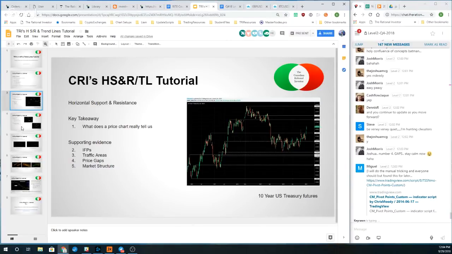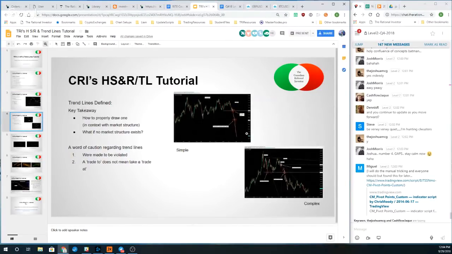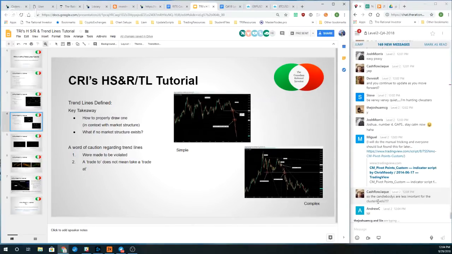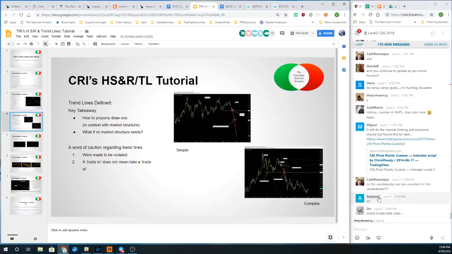Okay, next topic. Trend lines. I'm going to say that for the purposes of this study, Cash Flow Jacques, we are going to concentrate on the actual pivots themselves. So that means the highest high and the lowest low.